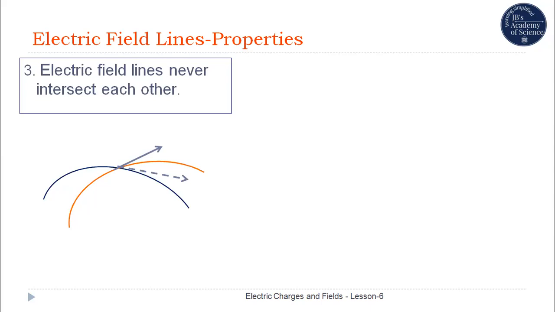If two electric field lines intersect, then at the point of intersection we can draw two tangents, one to each curve. That means the electric field at that point has two directions, which is impossible. Therefore, two electric field lines in a field never intersect each other.